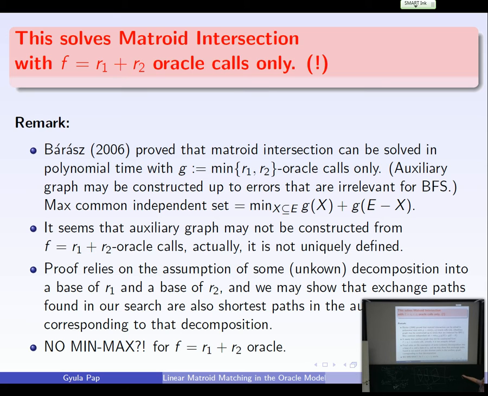A related result, as a remark: Mihály Bárász looked at a case where we only have one oracle for matroid intersection, that is the minimum of the two rank functions. That's also a sufficient description of the matroid intersection problem, because we have a common independent set, and with this set function, the minimum, it is also easy to see that it's a common independent set.